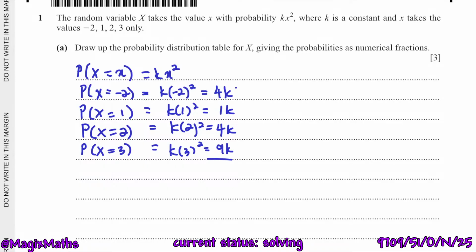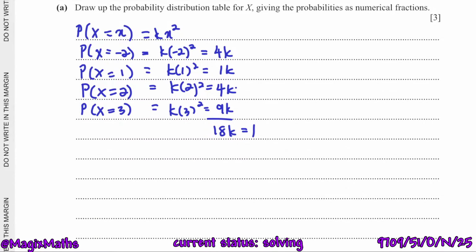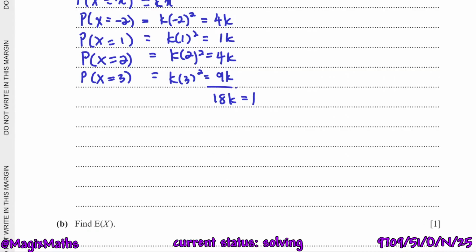Then you'll have to sum up, and since the variable can only take these 4 values, the sum of all these probabilities should be equal to 1. So we have 4 plus 1 plus 4, that's 5, 9, 18, or 18k should be equal to 1. Therefore, we obtain k is equal to 1 over 18.